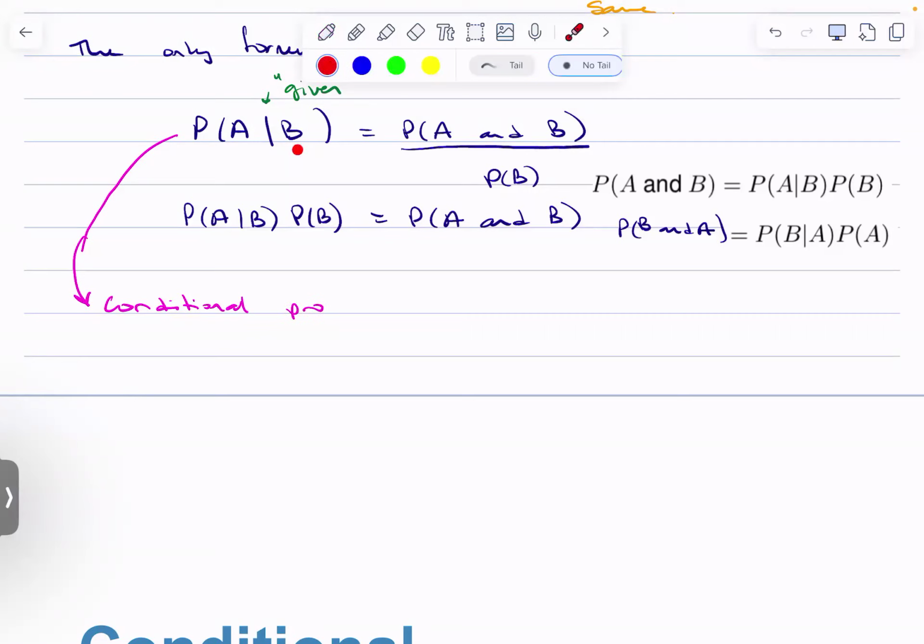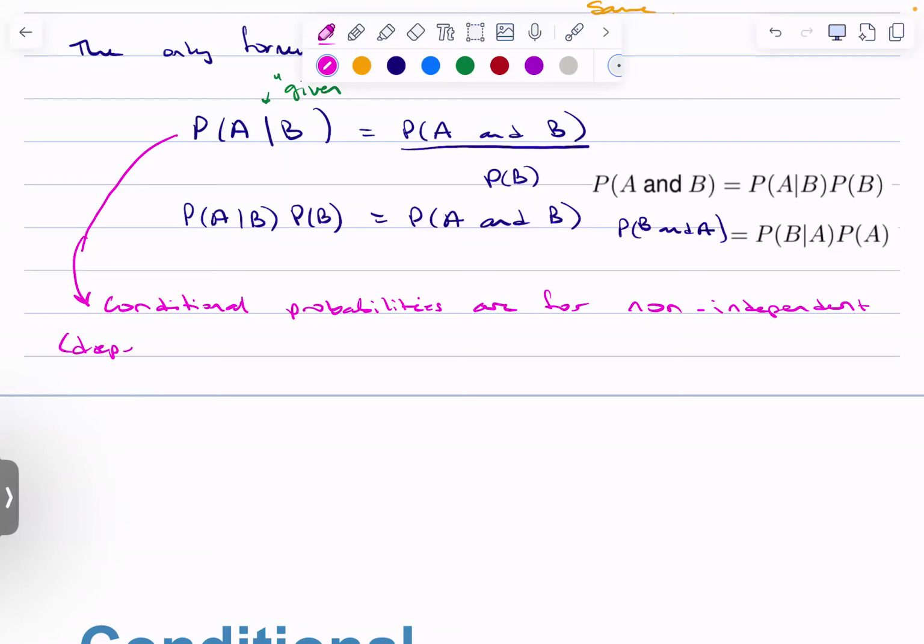It's conditional on B, or given some information about B. Conditional probabilities are for non-independent events. For some reason, we don't really tend to call them dependent events, but you can. There's nothing wrong with it.